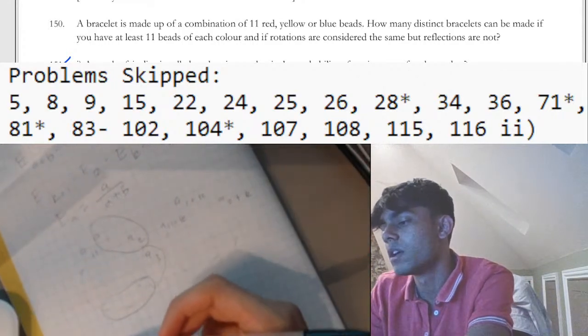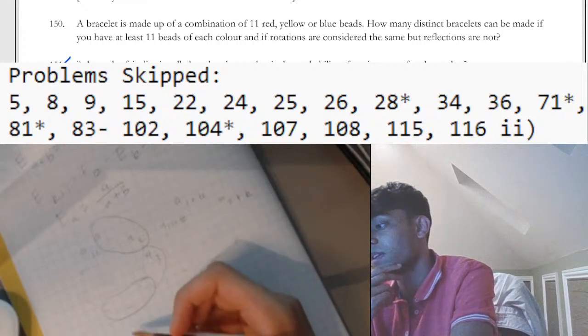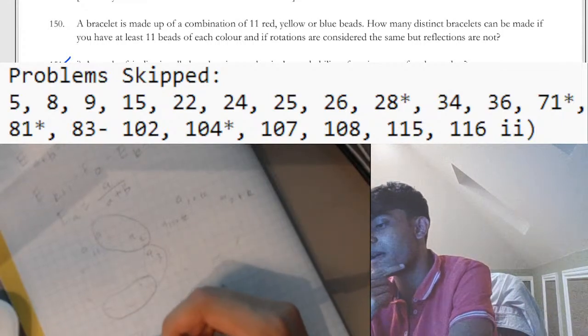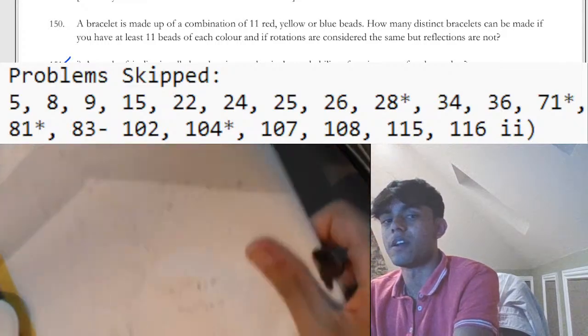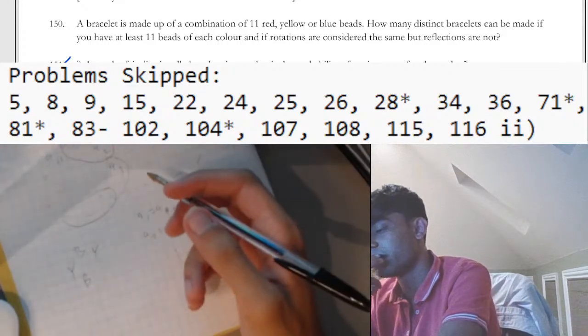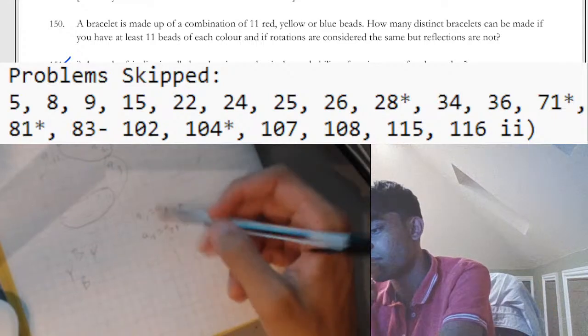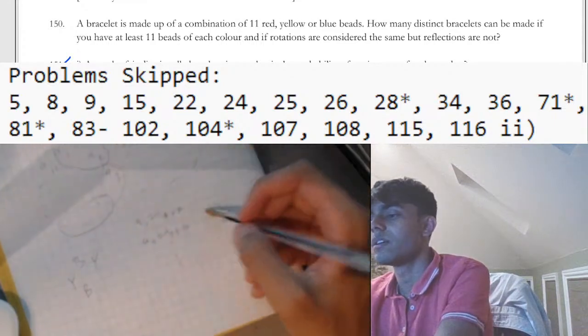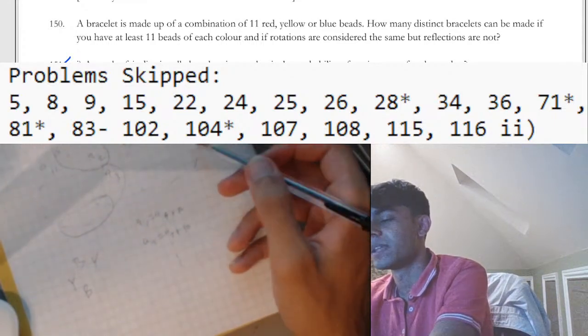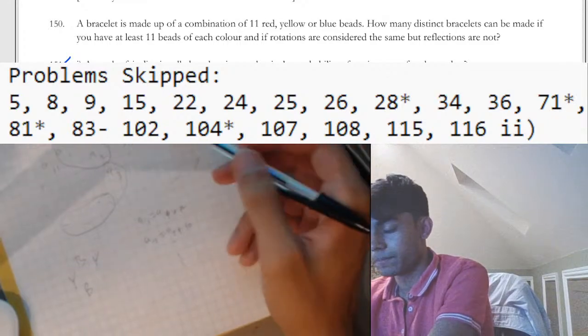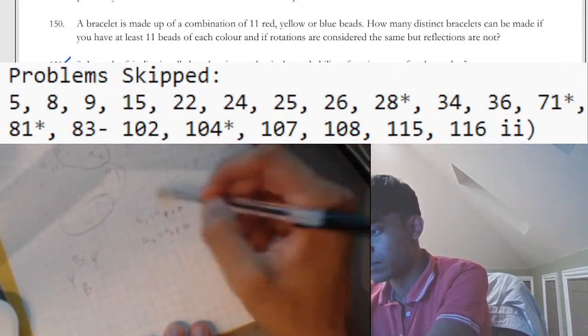If it was 4, you can rotate it by 2. If you have 4 b's, you can rotate it by 2 and get the same thing. But here, if you have a chain of length k and you rotate it and you get the same thing, that tells you that all of these were equal.